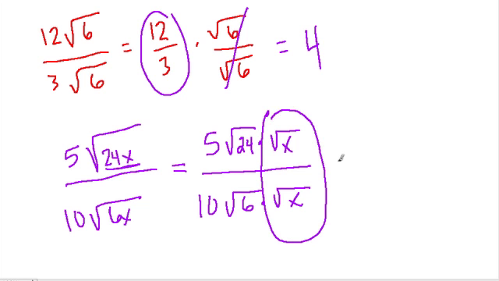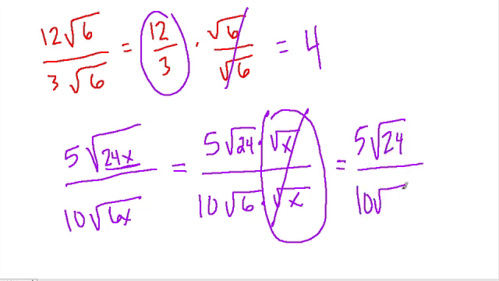And now, using the same idea, can't you see? The square root of x divided by itself is 1. So that's gone. So we have 5 square root of 24 over 10 square root of 6. I'm not going to be able to touch the square root of 6, but I can touch the square root of 24. Think of that as 4 times 6. So the square root of 4 is 2. Square root of 6 will leave alone.